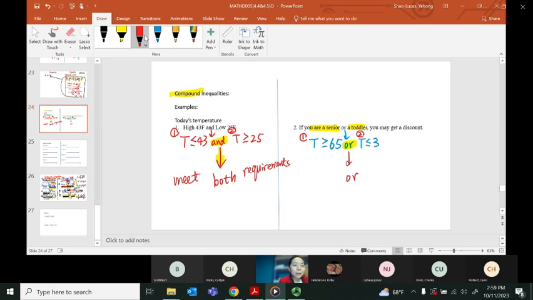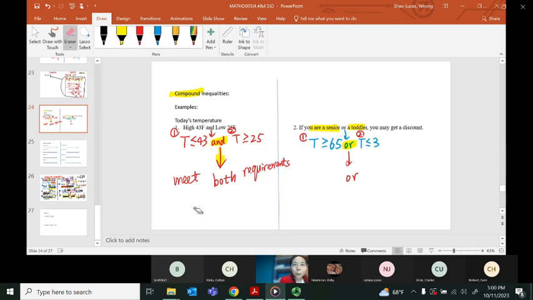If you have, let's say, 7, it doesn't work, because 7 is less than 43, but it's not greater than 25. So 7 is not an answer. It's not possible for today's temperature to be 7.